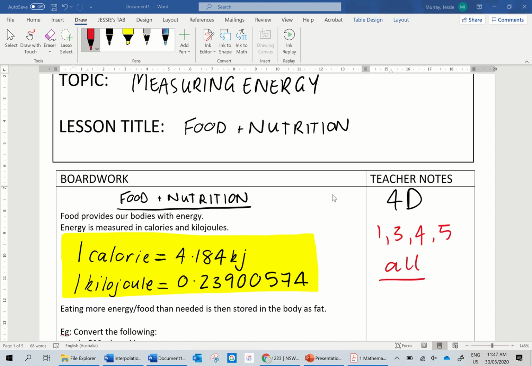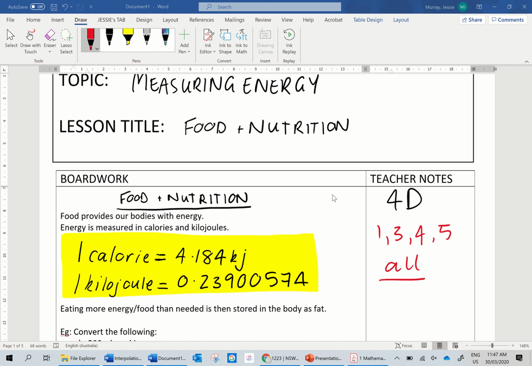Eating more energy or food than our body needs makes it then store into fat. That's the extent we look into the idea of it here in maths, even though I find it quite fascinating. But what we do look at very closely is the conversion.